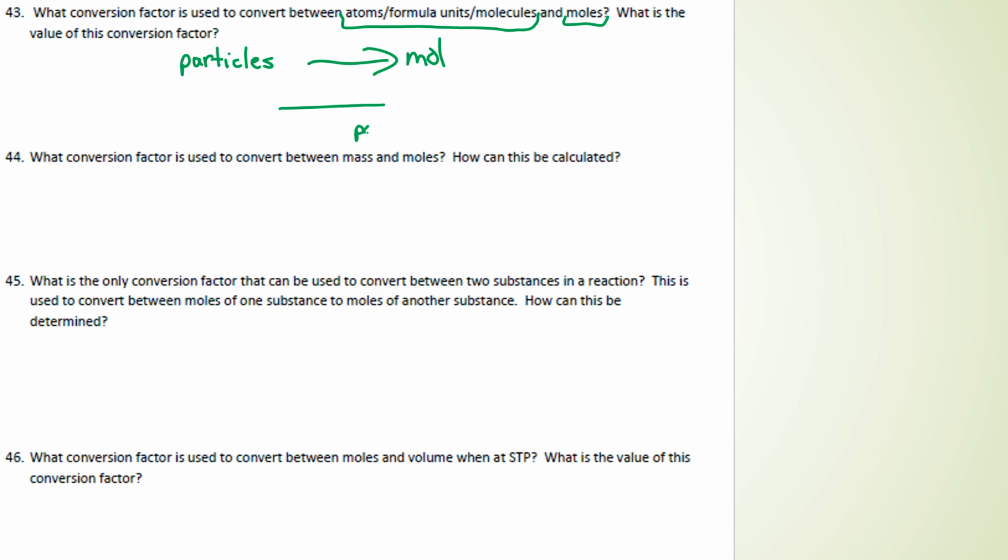If I'm going from particles to moles, I put Avogadro's number on the bottom, over 1 mole. What if I was going from moles to particles?